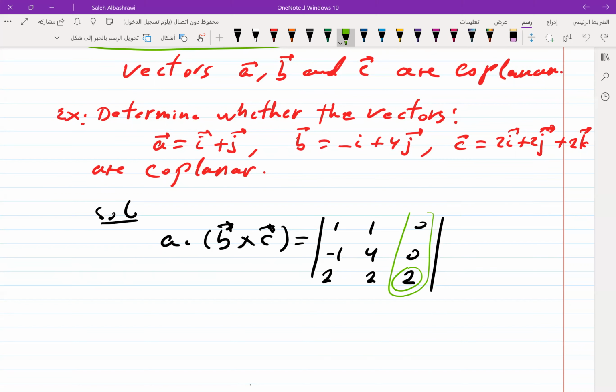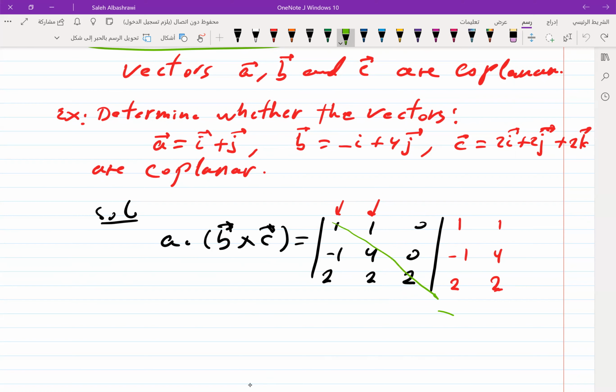The other method is to duplicate the first and second columns. It is 1, minus 1, 2, 1, 4, and 2. We duplicate the first and the second column. Then we move diagonally, from up to down.